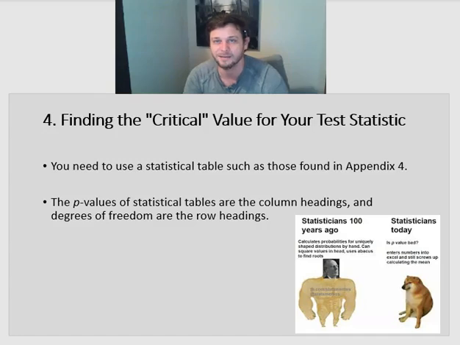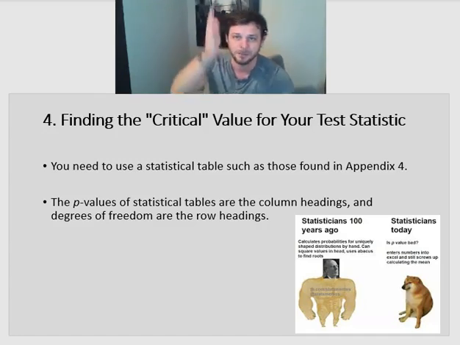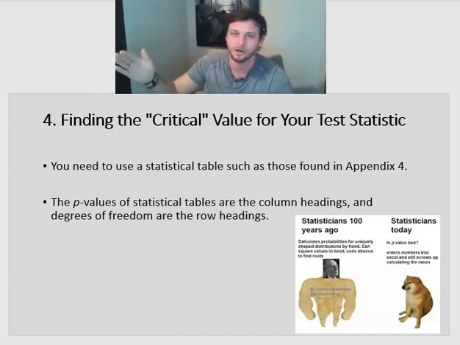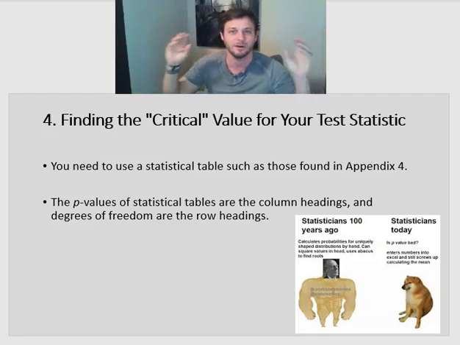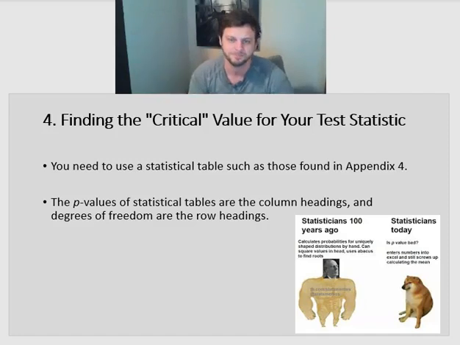In a lot of scientific studies, we use a p of 0.05 as our cutoff point. Okay, 0.05 or lower, we're saying these two things are significantly different from each other. 0.05 means 5% of the time we could be wrong.